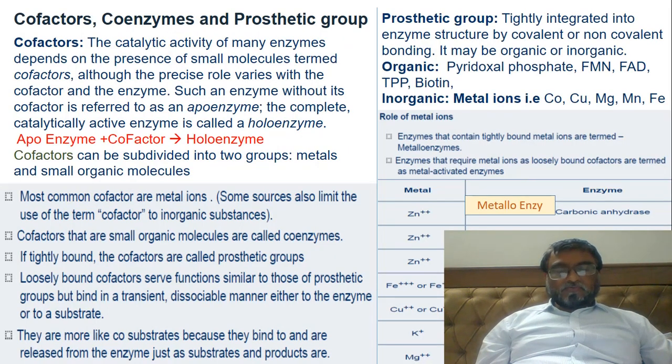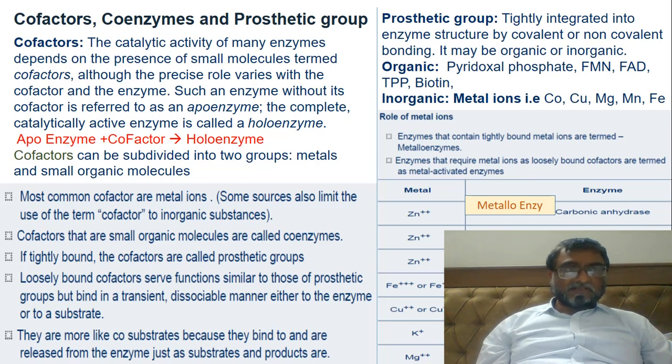With the enzymes, we talked about a lot more in the previous lecture. Some enzymes need a cofactor, coenzyme, or prosthetic group. What are the differences among these terminologies?